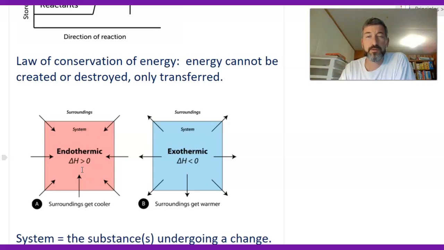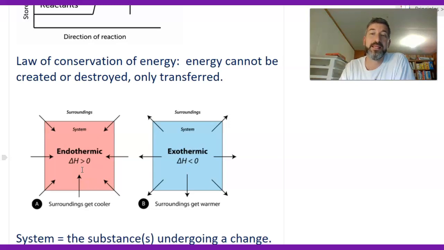Okay, so if the salt and the water are the system, so they're the thing that is undergoing a chemical change, and they're absorbing heat. So the question is, okay, so where are they taking the heat from? And the answer would be, well, from their surroundings, from the air, from your skin if you put it on your ankle, and that's going to make you feel colder.